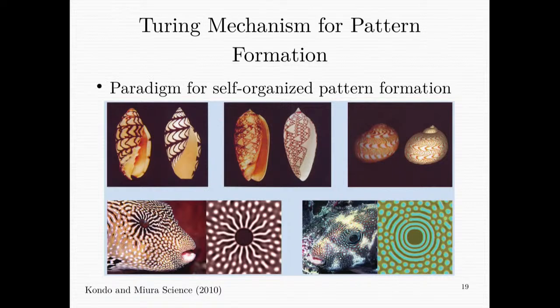You can get something that looks very much like patterns that we see in nature, and this seems very appealing: you can take some activator-inhibitor system, which I'll talk about in the next slide, some reaction diffusion system, and get spatial patterns that seem to mimic what's happening in nature.